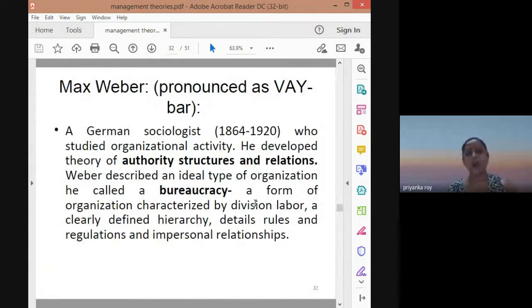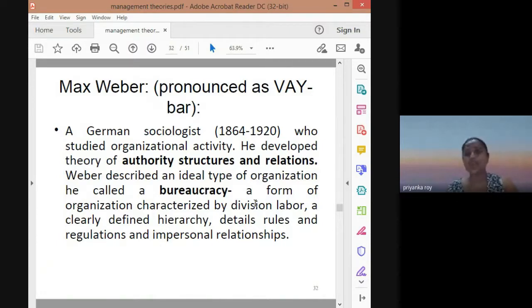Max Weber was a German sociologist who studied organizational activity and developed a theory of structure and relations.